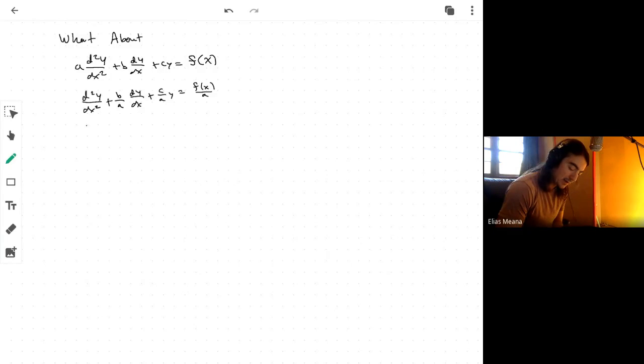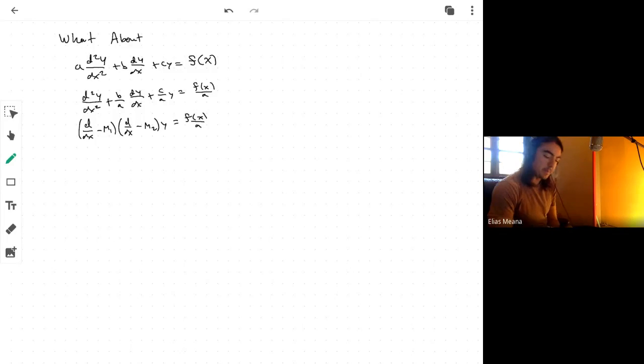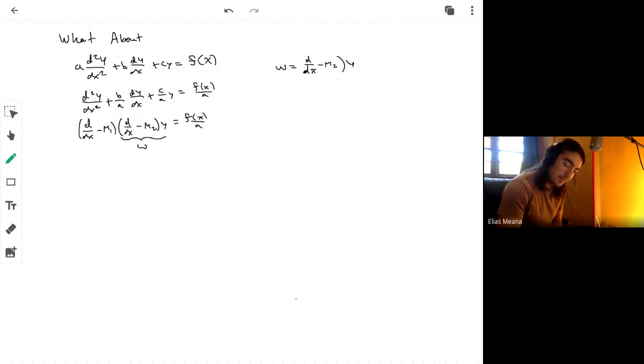So we could still write this as d by dx minus m1, and then d by dx minus m2 y equals f of x over a. But now when we name this omega, we end up with omega equals d by dx minus m2 operating on y, or in other words, it's dy dx minus m2y.